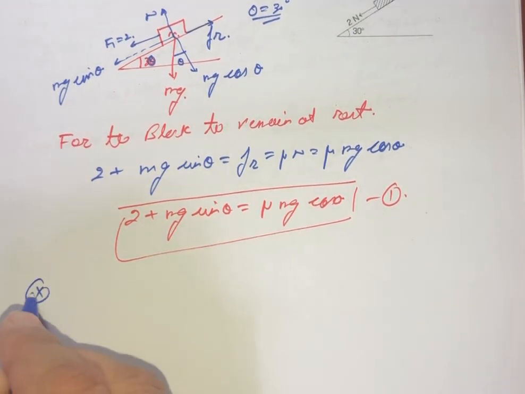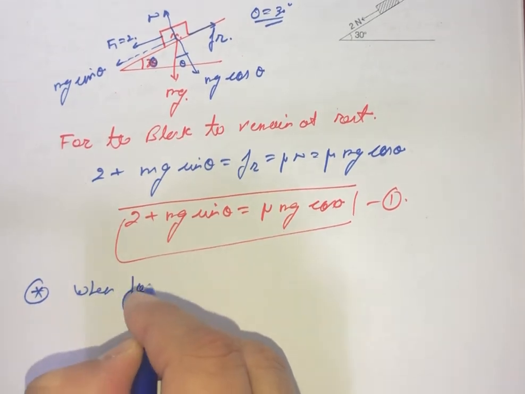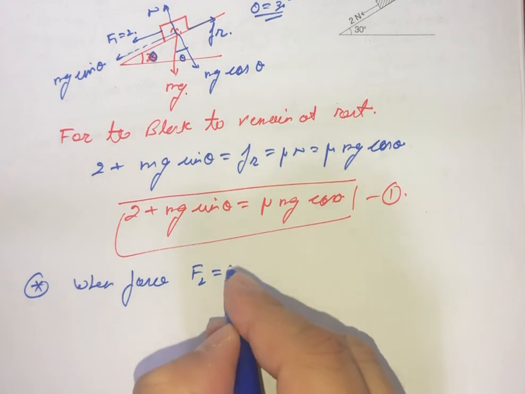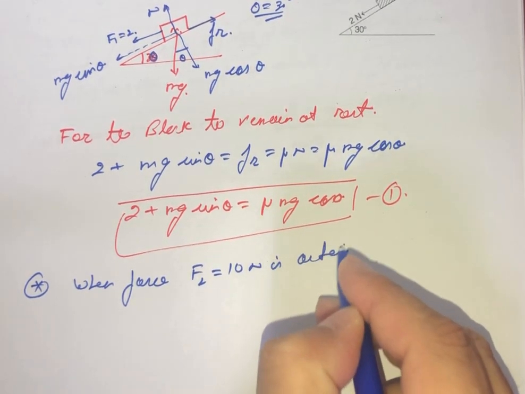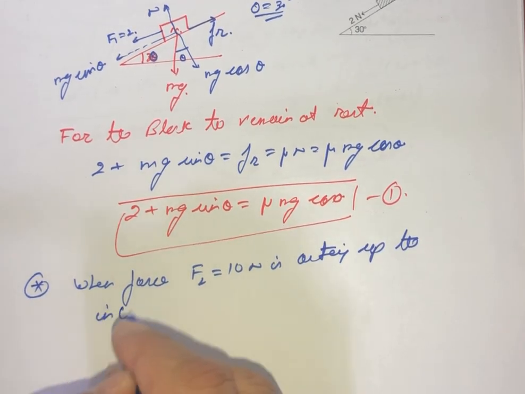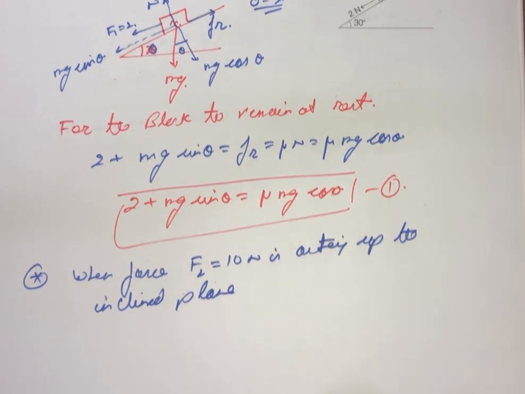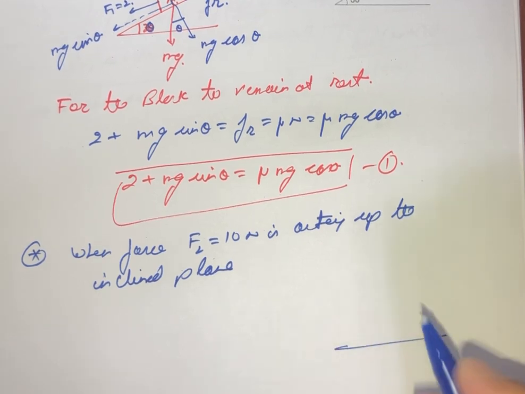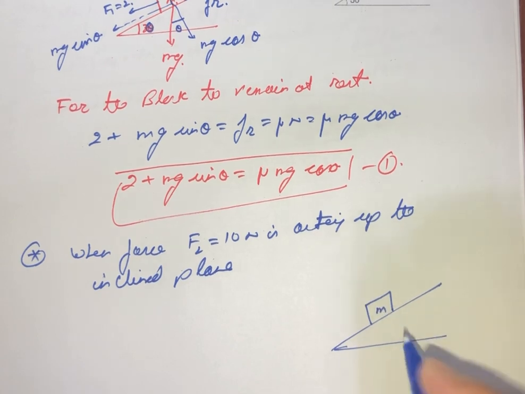And for the second case, when force, let us suppose that is F2, that is 10 Newton, is acting up the inclined plane. So let us draw its free body diagram. This is mass m.